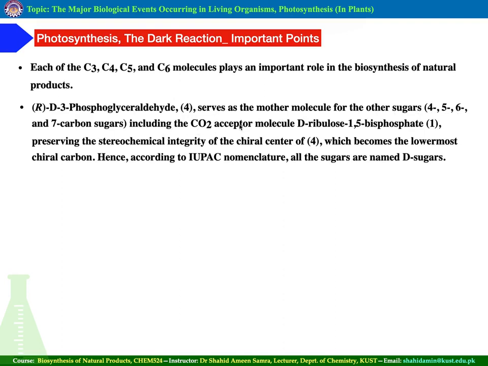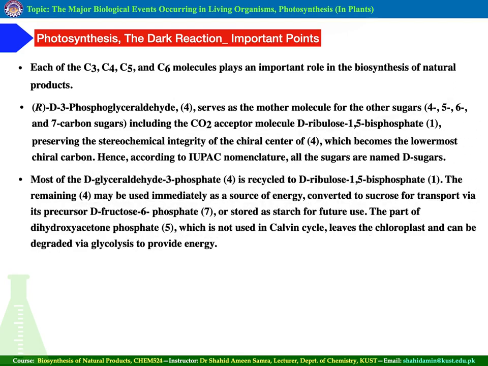including the carbon dioxide acceptor molecule, that is the molecule number 1, ribulose 1,5-bisphosphate. Most of the D-glyceraldehyde 3-phosphate is recycled to D-ribulose 1,5-bisphosphate. That is the main acceptor for carbon dioxide fixation.